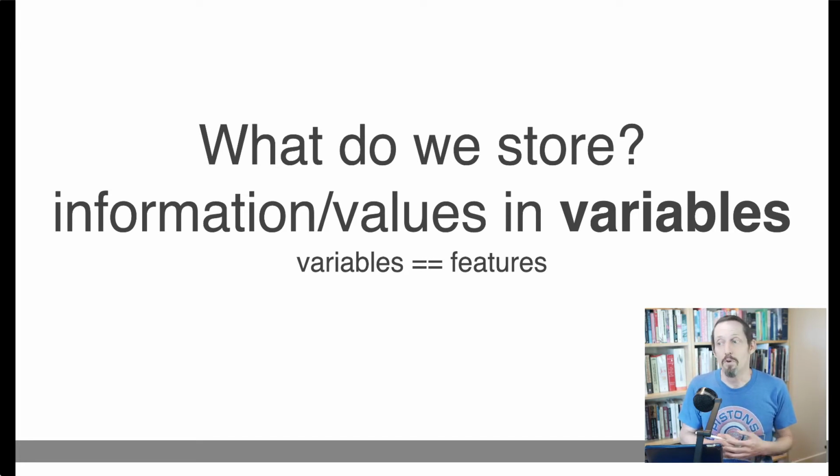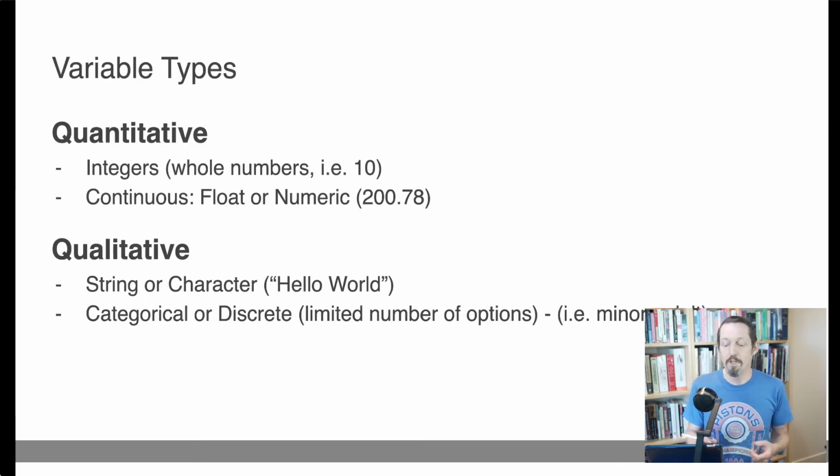Normal everyday people who maybe have had algebra and haven't gone a lot further in their mathematics might use variable. But we mean the same thing. We mean a measurement, but our measurement of Bob's height is a particular measurement, but height is the variable. Okay? Variables come in different types.